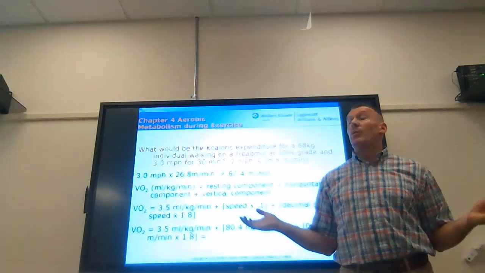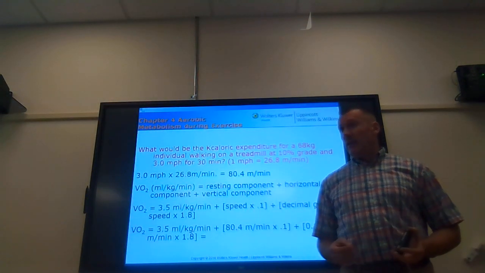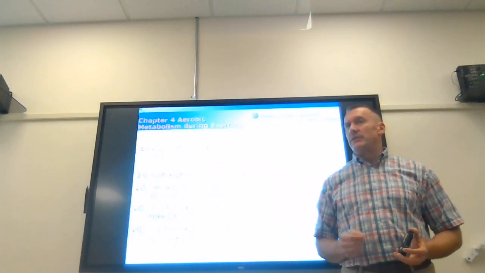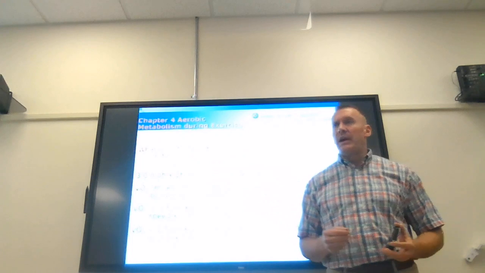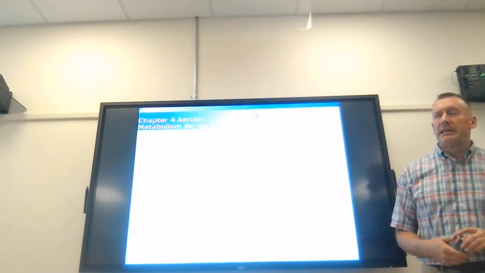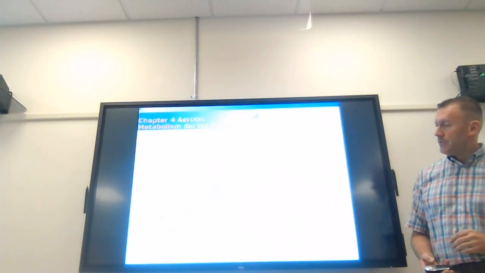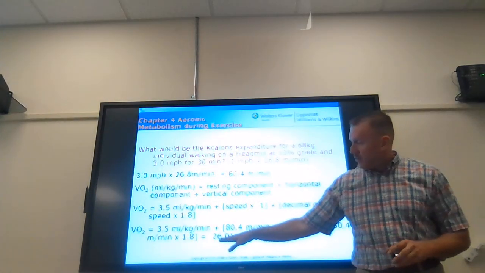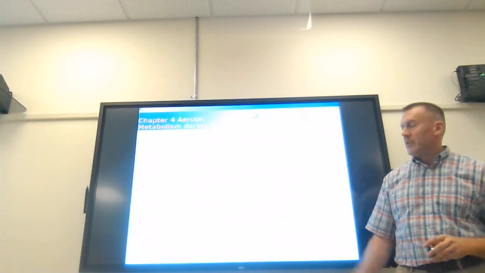So ultimately what we want to come up with is one number, milliliters per kilogram per minute of oxygen, because then we can work with that based on body mass to get total calories. So you work this all out, you come up with 26.01 milliliters per kilogram per minute.